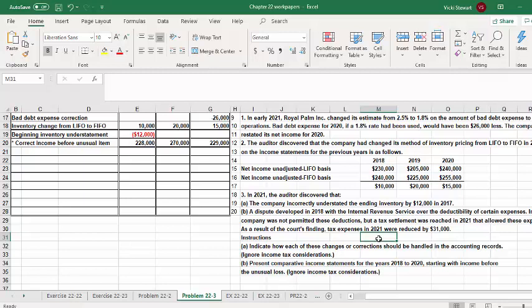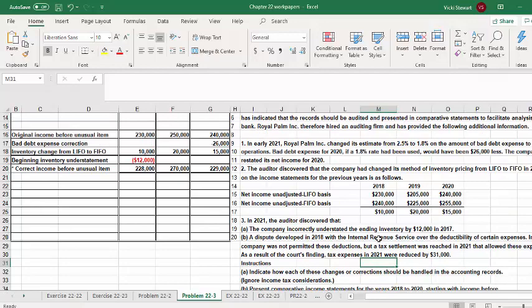And actually, we don't. The way that the company handled it, they reduced their tax expenses in 2021, and that's correct. So that's considered to be a change in estimate that would be treated prospectively. So there's no correction made for that for 18.